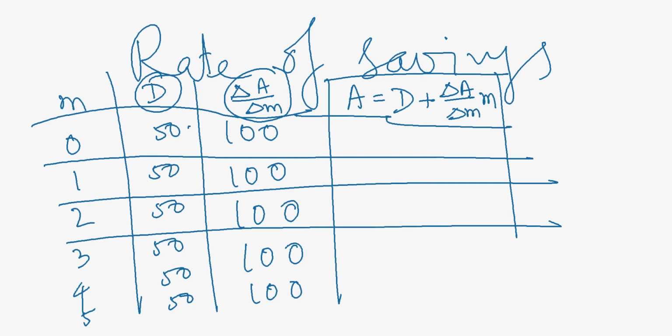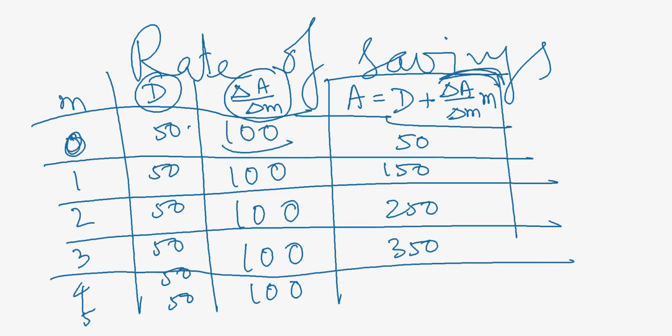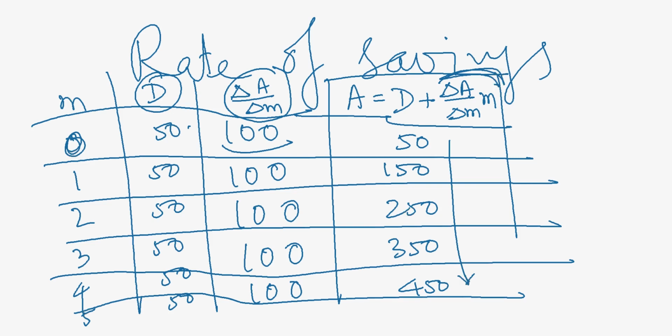So here, even though at 0 month the delta A by delta M has a value, 0 multiplied with this is the first month's saving, that is 0. So this will only be 50. You are with me? So this will be 150, this will be 250, this will be 350, right? Yes. 450, like that. That is why there is a linear increase of this. That is why it is looking like a straight line.